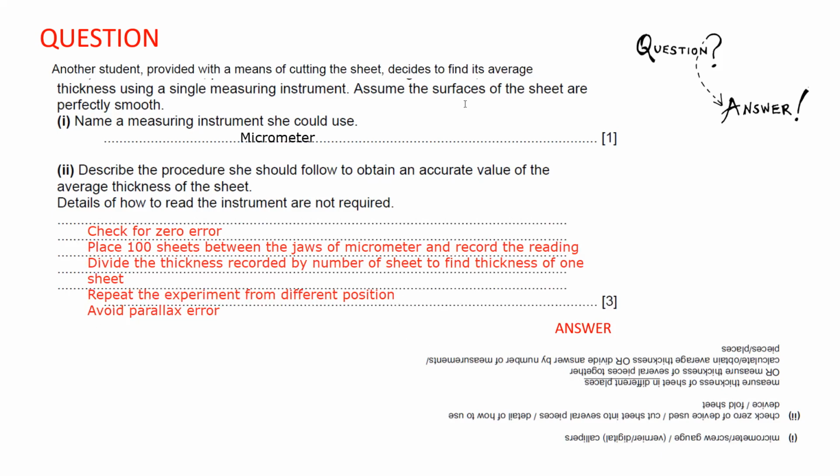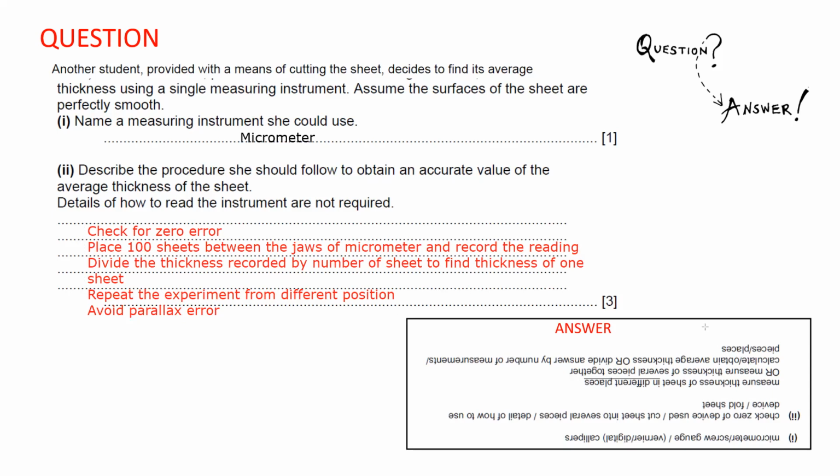For your reference, you can find I mentioned the answer here, but this does not mean you have to just copy and paste. Write your answer in your own words and check whether you include those points. You don't understand point 2 and point 3? What is the meaning of point 2? Look, you have sheets.